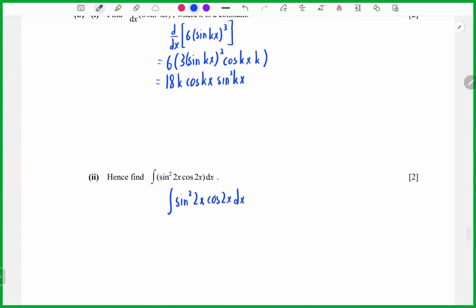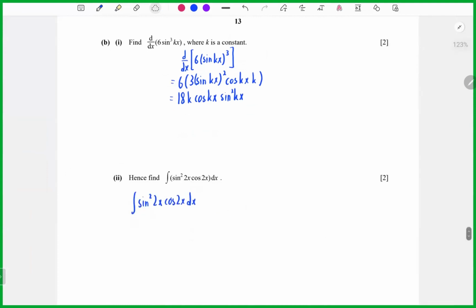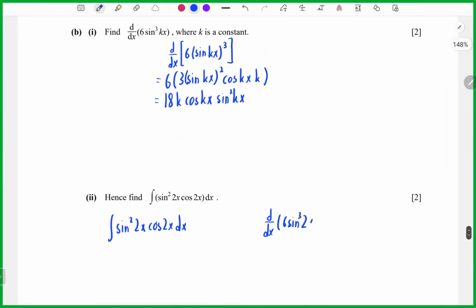So if we look back at part 1, okay, so we know d/dx of 6 sine cubed 2x equals to 18 times 2, cos 2x sine squared 2x.